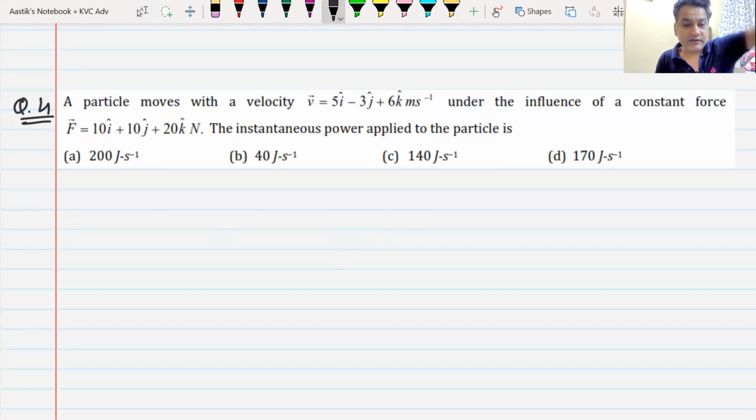A particle moves with a velocity v under the influence of a constant force. What is the instantaneous power developed?